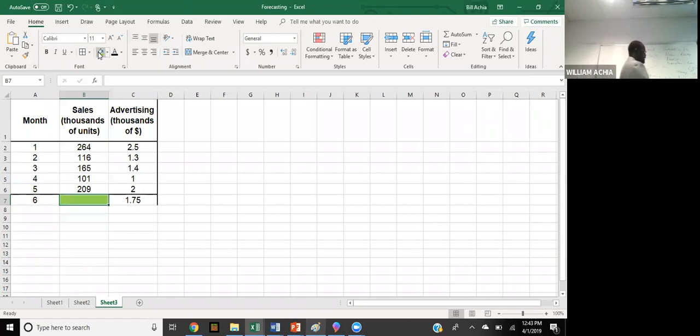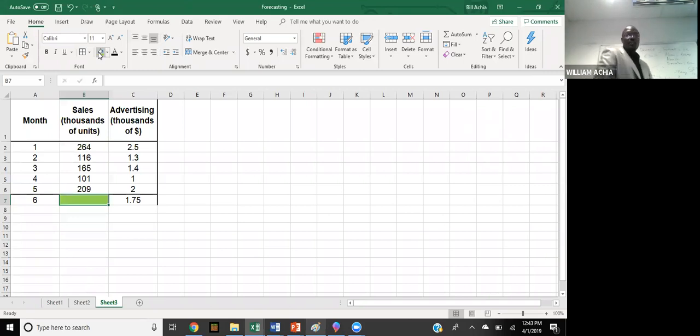No. So that's another unknown. Do we know what the x is? X is this number that we're going to be working in terms of our advertising budget. So we do know that we have $1,750 to work with. So we want to figure out the other two, and once we figure out those two, we can then calculate what our sales would be in month 6.